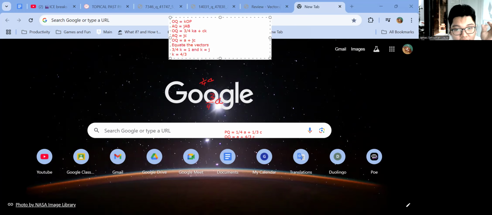What happens if K is 4/3? Then J is also 4/3. And so we can say that OQ is A plus 4/3 C, and we get the same answer also.